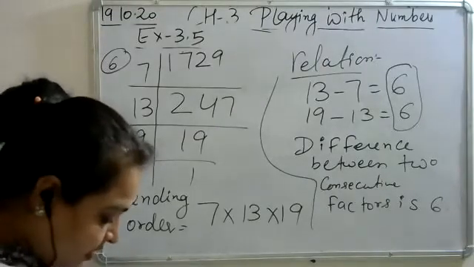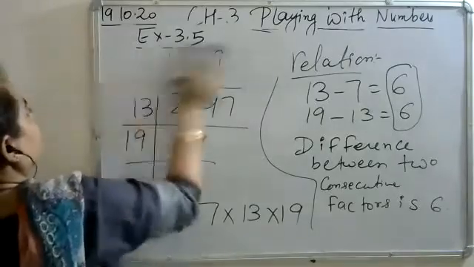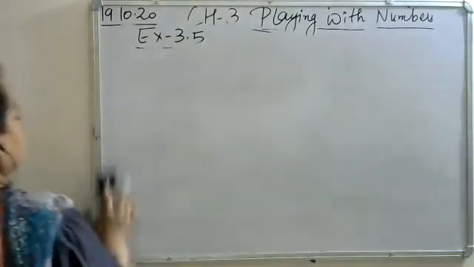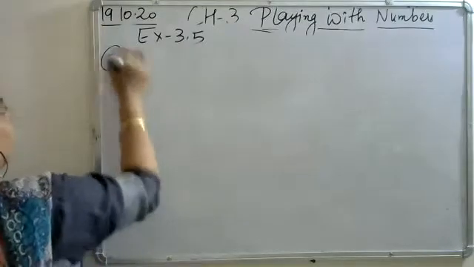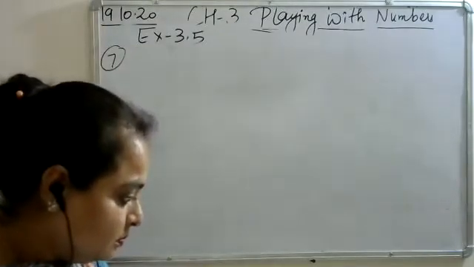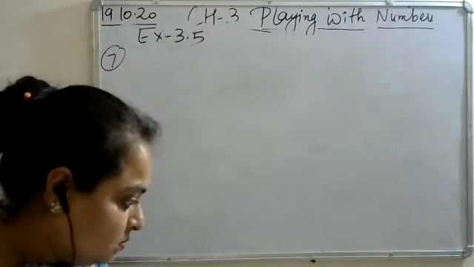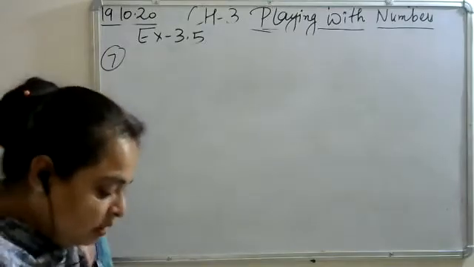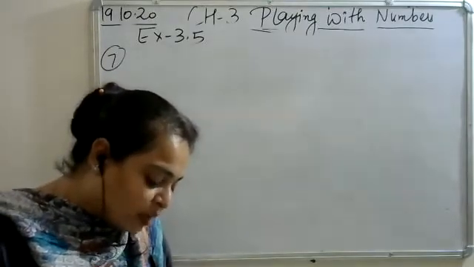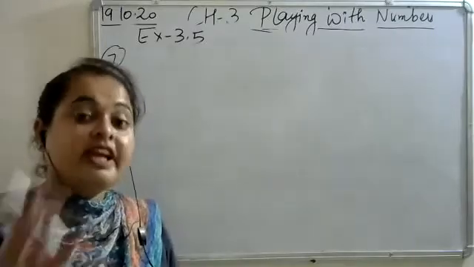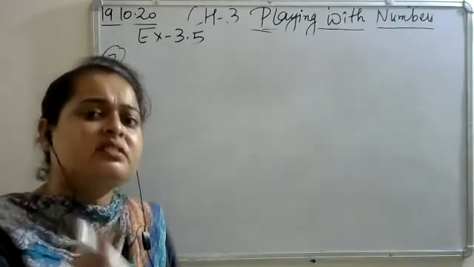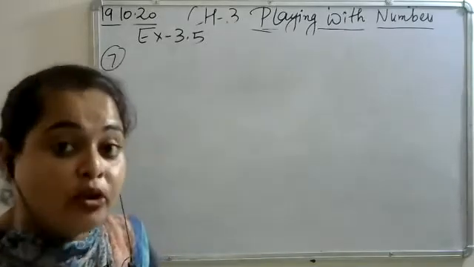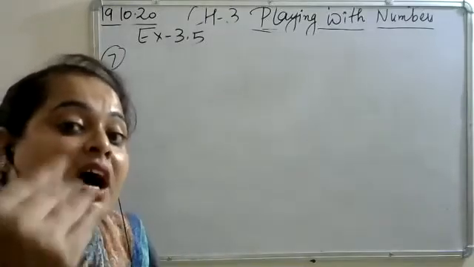The seventh question is: the product of three consecutive numbers. Three consecutive numbers means take any numbers according to your wish, but the numbers must be consecutive. Consecutive means one after the other.